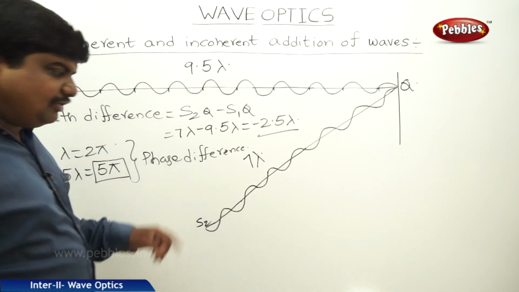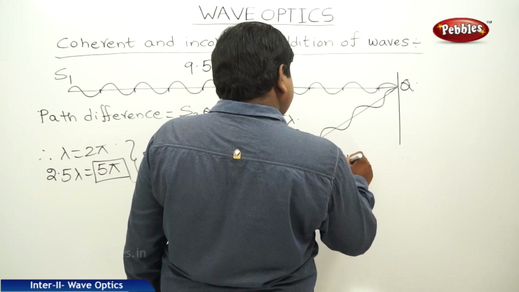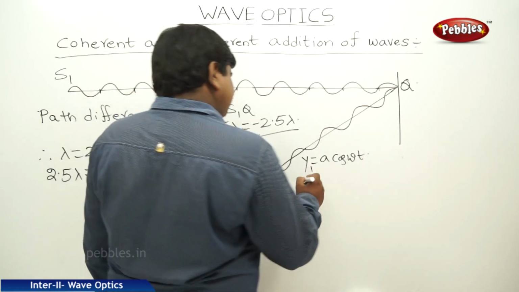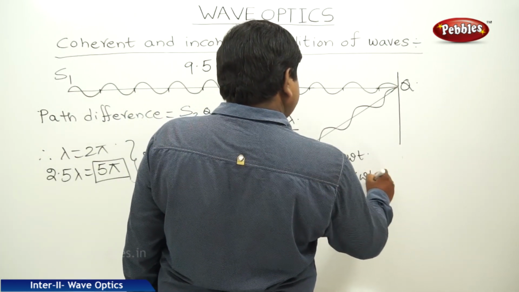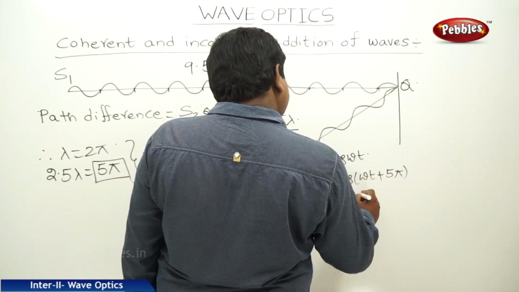The displacement of the first wave y1 is equal to a cos omega t, but the displacement of the second wave is a cos omega t plus 5 pi. It is nothing but minus a cos omega t.